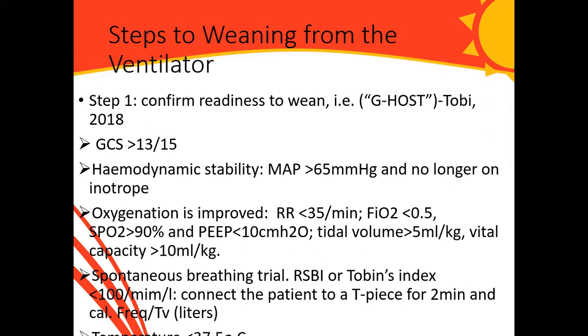Sometimes the patient may be anxious, and what I do sometimes is to give the patient a bit of anxiolytic and redo the test. So the patient must pass the spontaneous breathing trial or the rapid shallow breathing index. The T is that the patient must be apyrexial, temperature less than 38 degrees Celsius.